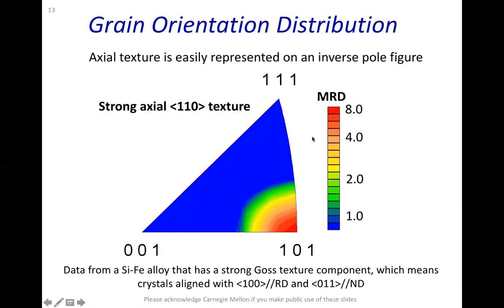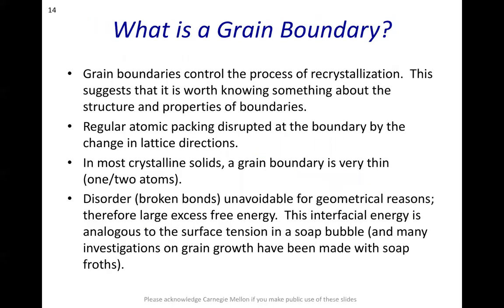And texture is normalized so that I can say I'm 8 times more likely to find my 101 parallel to my normal direction than I would be if it was a uniform random, if it was a non-textured sample. 8 times random is a fairly strong texture.